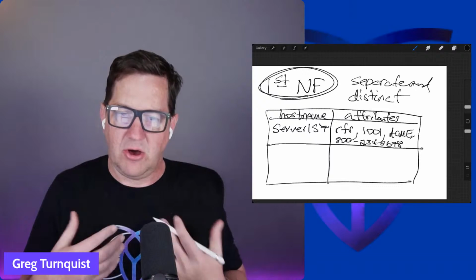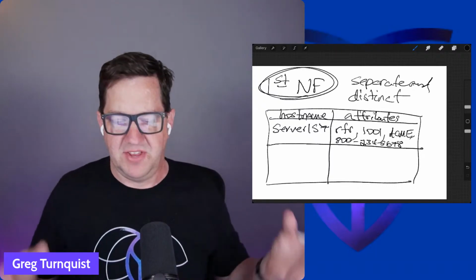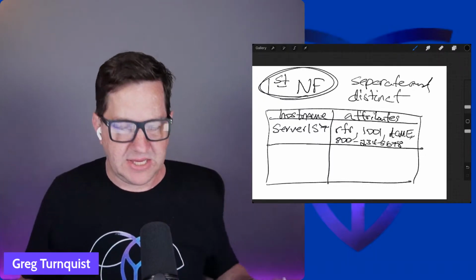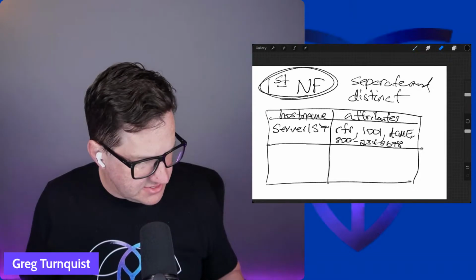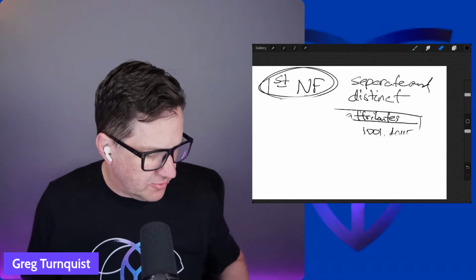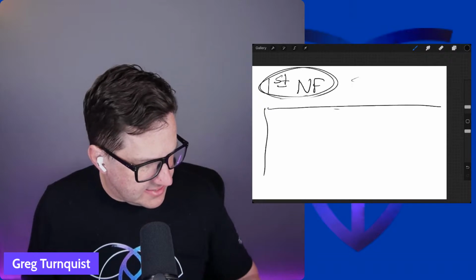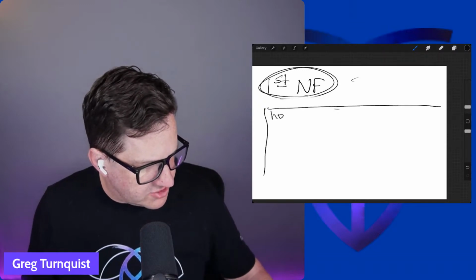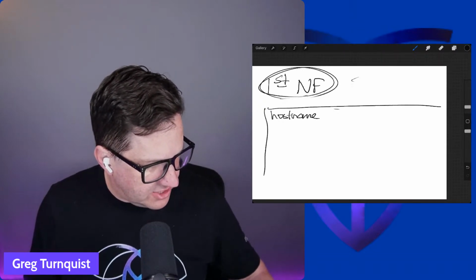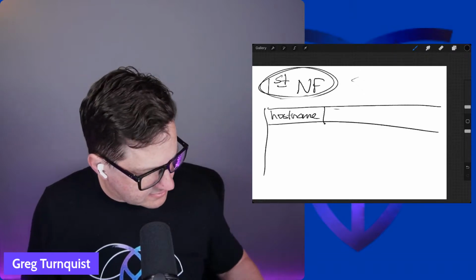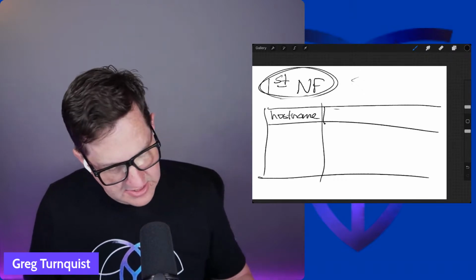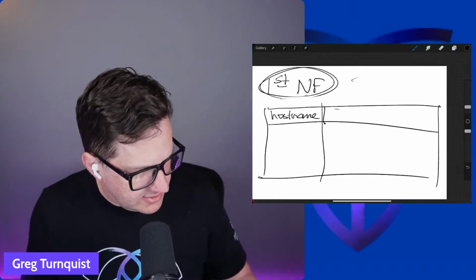Imagine taking all the bits of data for server 157 and just dropping them into a bucket all together. No, sorry, what first normal form suggests is a little bit better structure. Let's capture the host name.